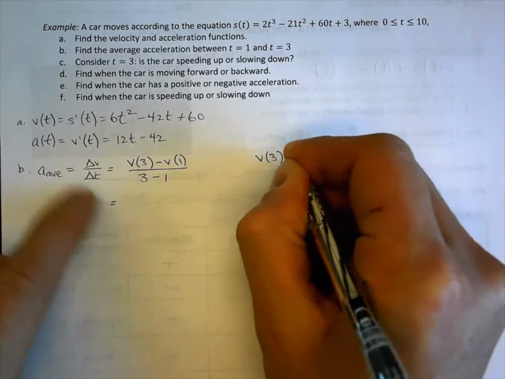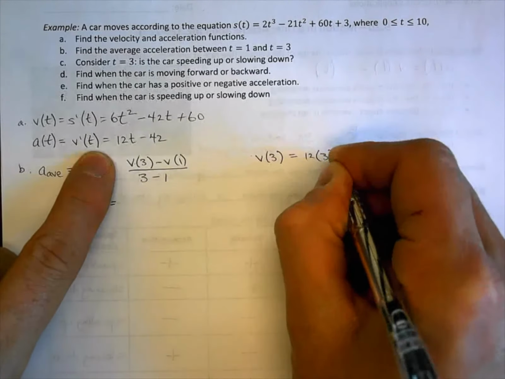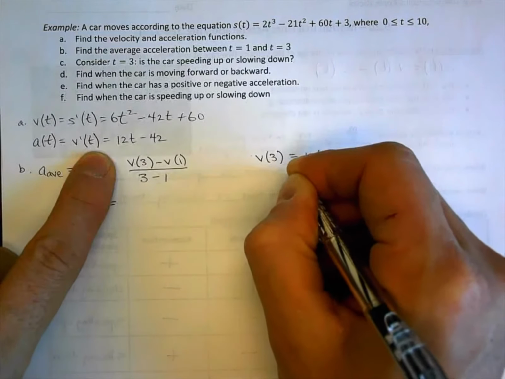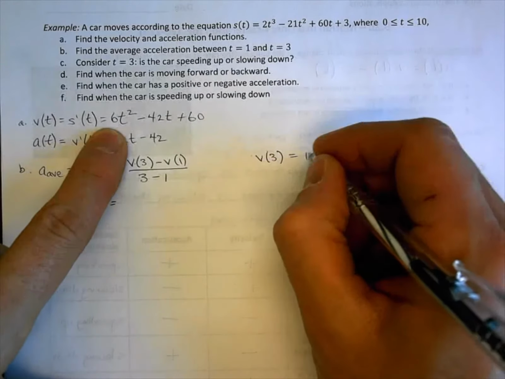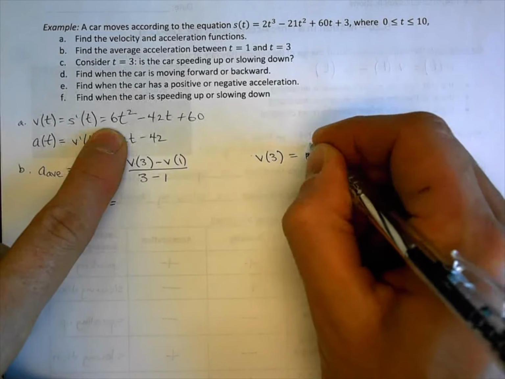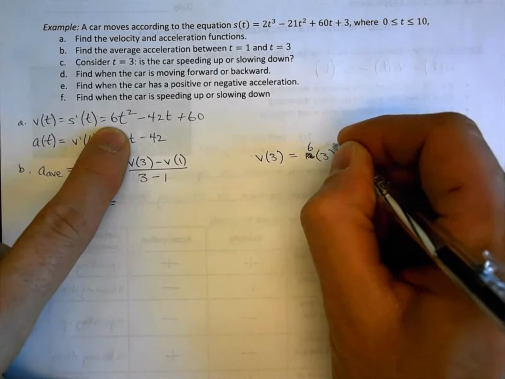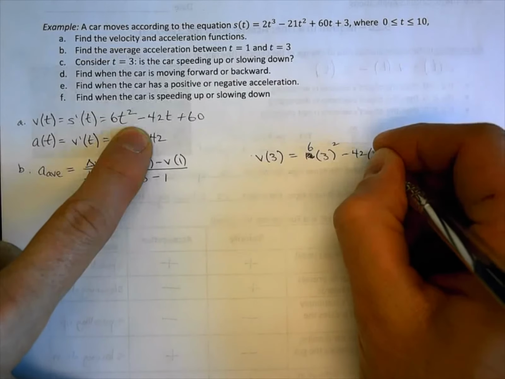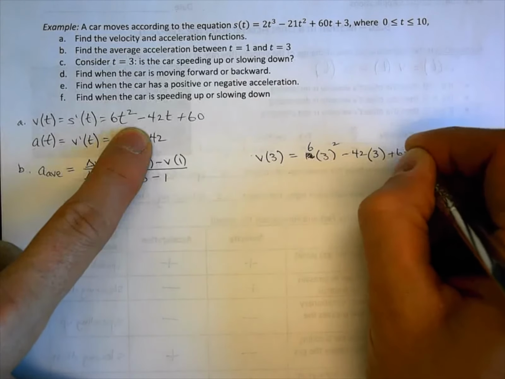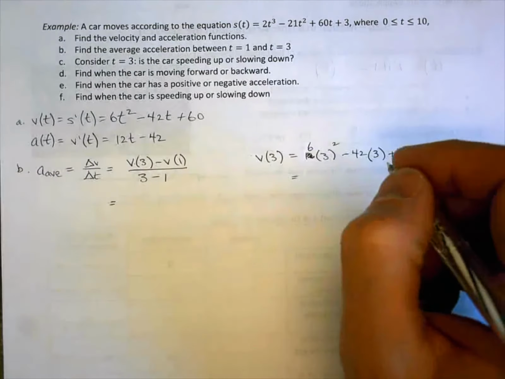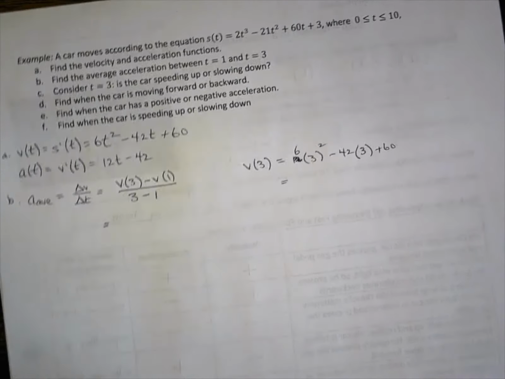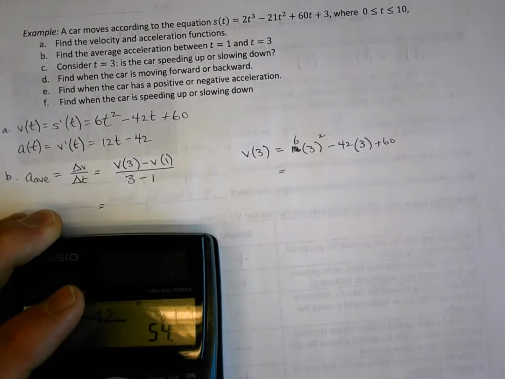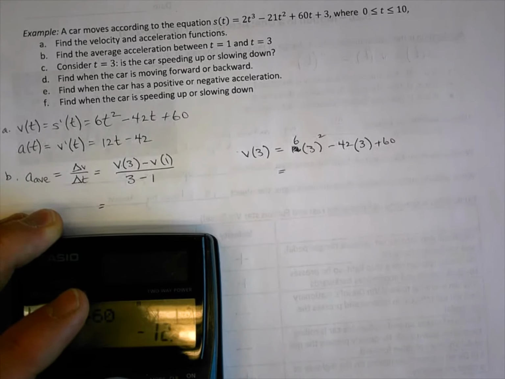I'm going to sub 3 into this expression, so 12 times 3 minus 42. Have I done that incorrectly? Yes, I have. It should be 6 times 3 to the power of 2 minus 42 times 3 plus 60. That gives me 9 times 6 minus 42 times 3 plus 60, which should give me negative 12.